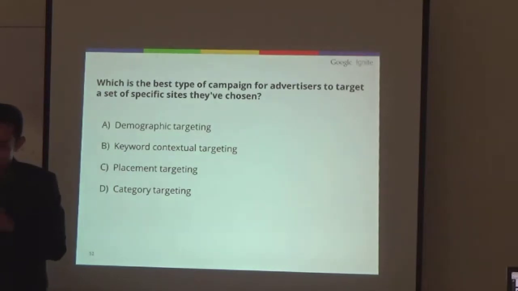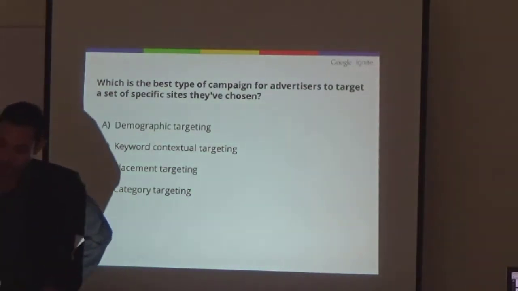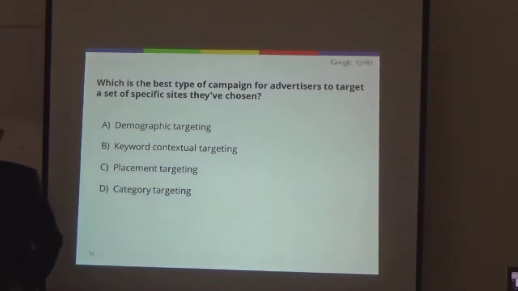Alright, I think we have a couple more questions before we take a short break. This question: which is the best type of campaign for advertisers to target a set of sites they have chosen? A, true or false? B, true or false? C, true or false?